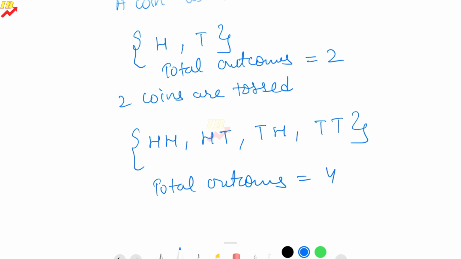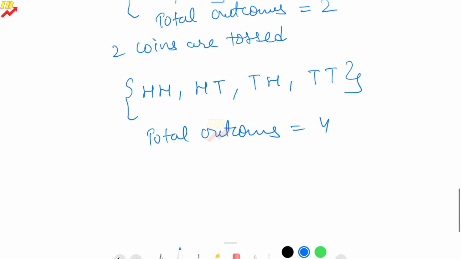So basically, listing is simply writing down what outcomes you will be getting after tossing or after throwing anything, after taking out from a bag or anything. Any example is relevant here. Listing is specifically about two or more things, right? Even one thing is also applicable here.